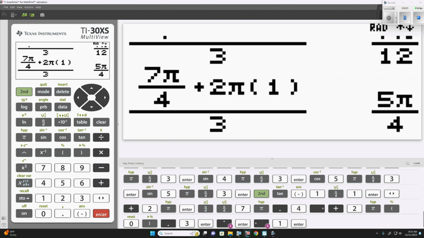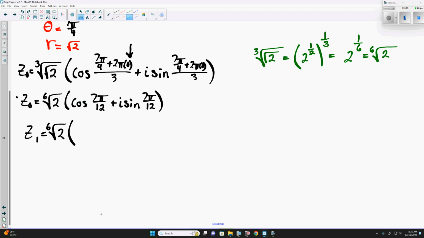As we can calculate, 7 pi over 4 plus 2 pi times 1 over 3 is 5 pi over 4, as is here.